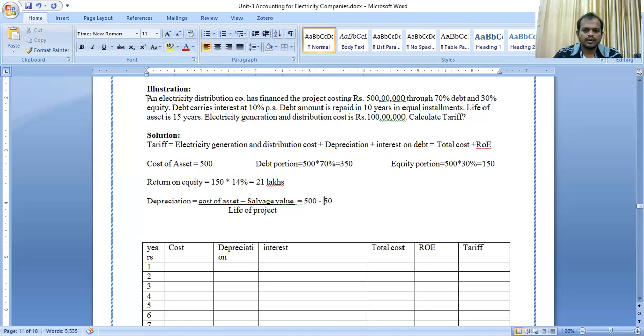So 50 lakhs by life of a project, life 15 years. So divided by 15 years. So this is the right way?